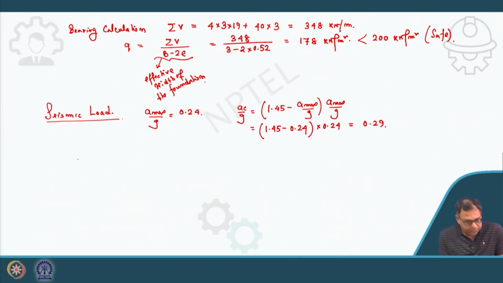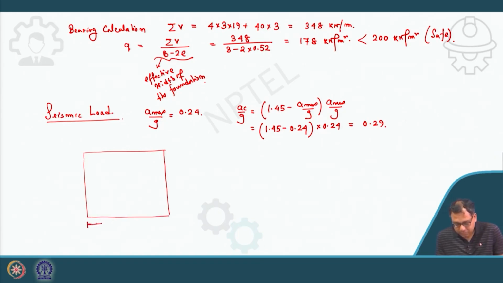Okay, now if I draw the reinforced zone, this is 3 meter, this is 4 meter. Now we have taken a failure surface, that angle is 45 minus phi by 2, and there is the reinforcement.